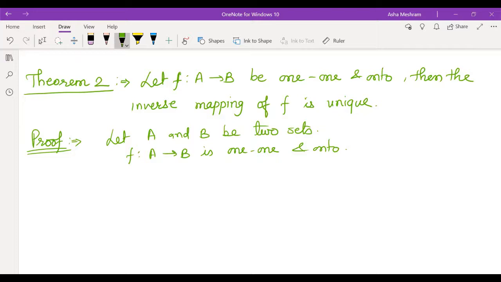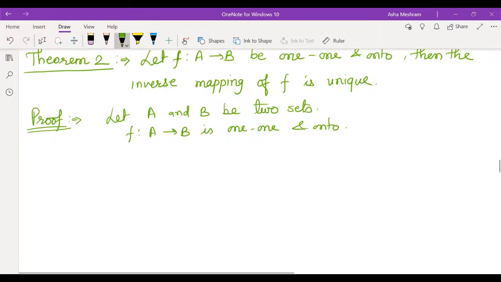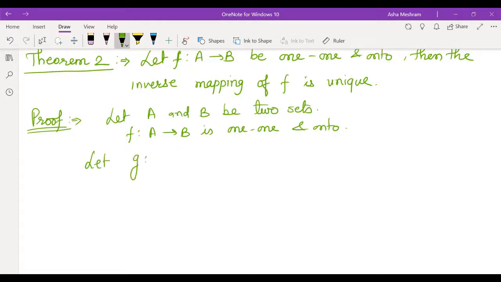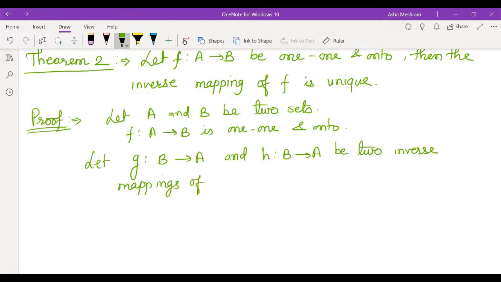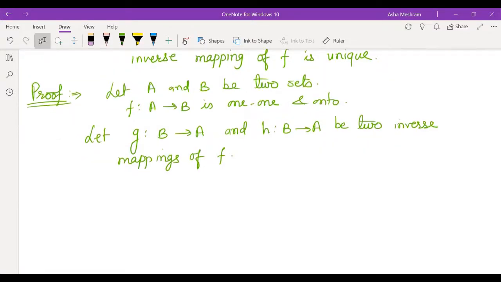So here let g mapping from B to A and h mapping again from B to A be two inverse mappings of f.